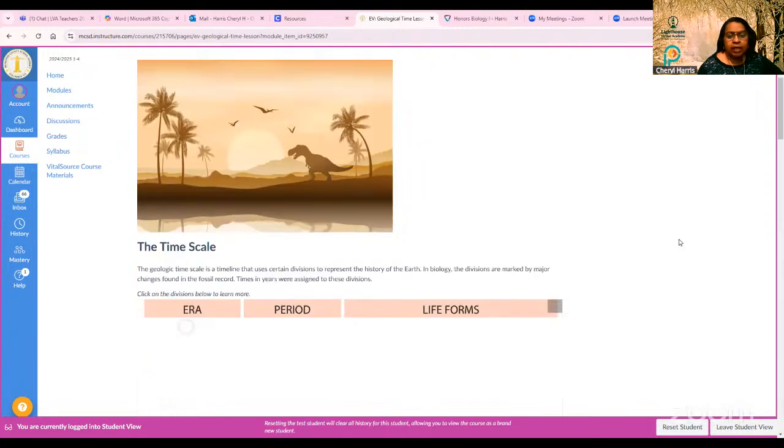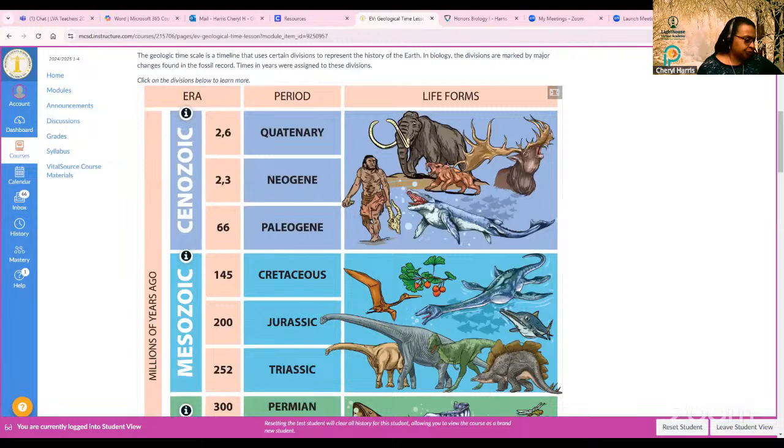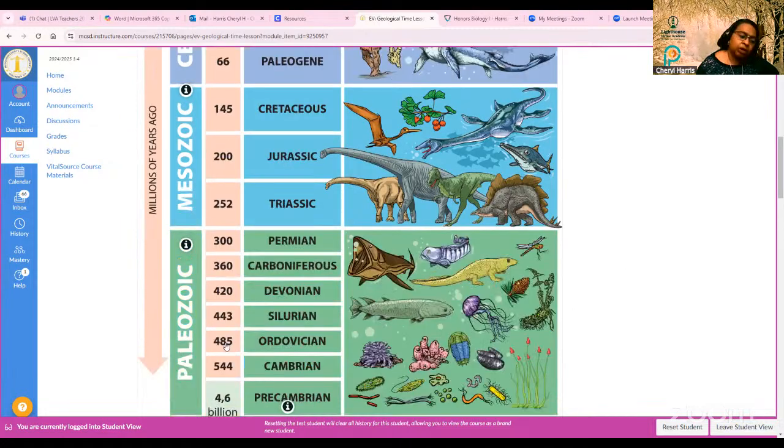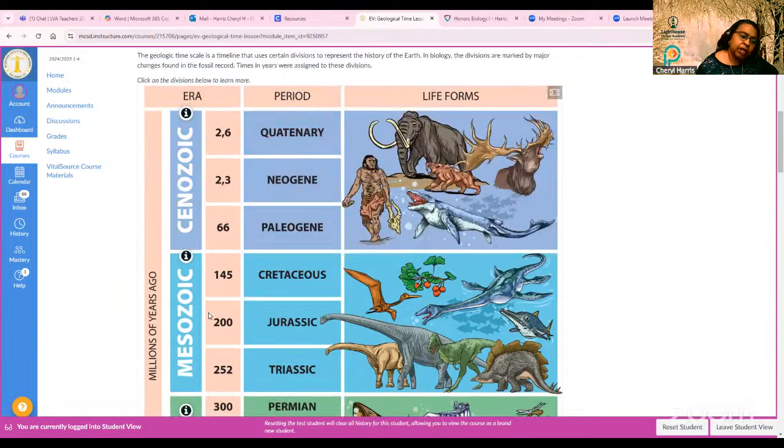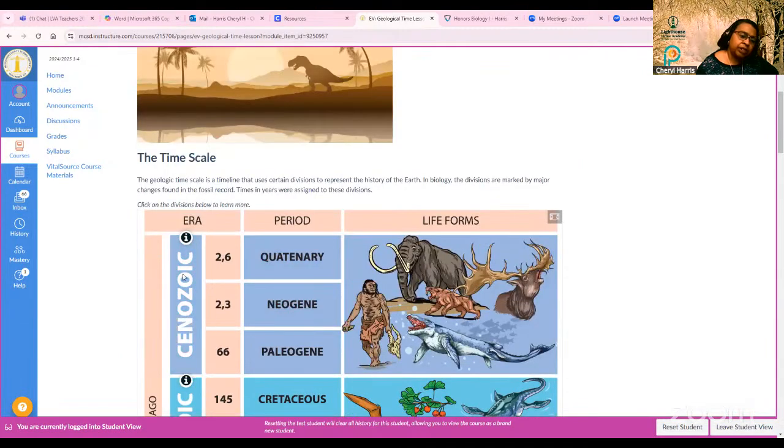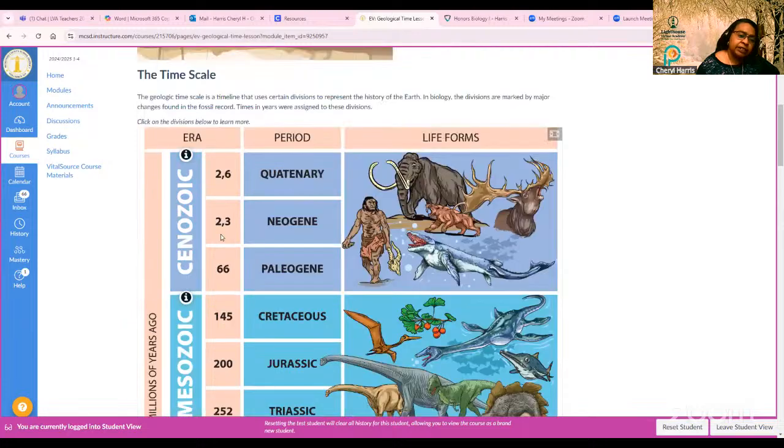All right, on this page, the thing that is most important, and I'm going to show you a video on this in a minute, are these three words going down the side here: Paleozoic, Mesozoic, and Cenozoic.